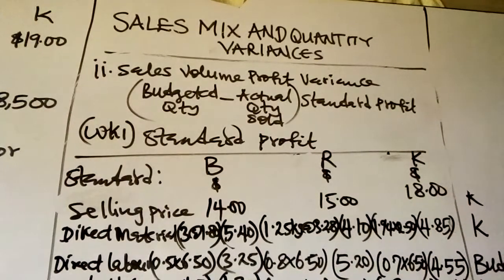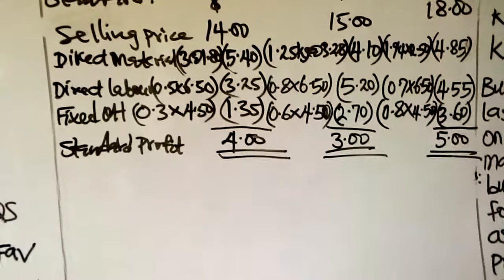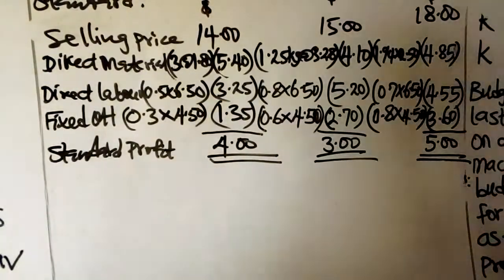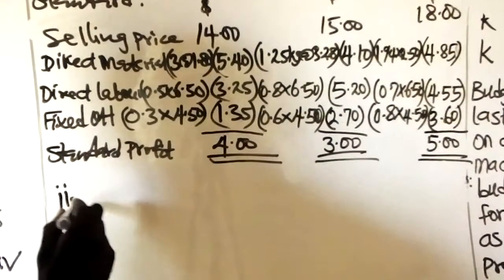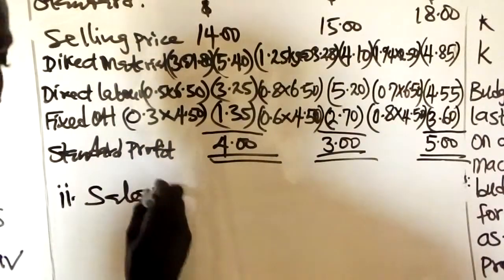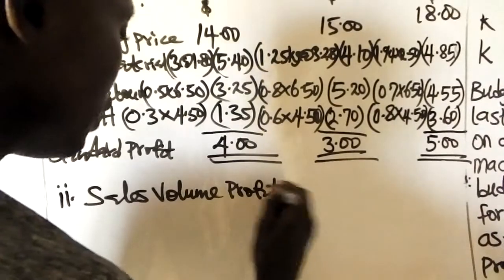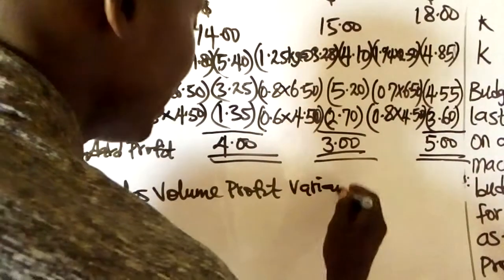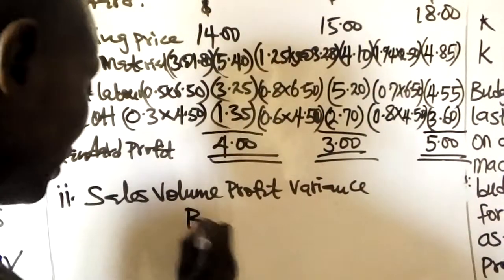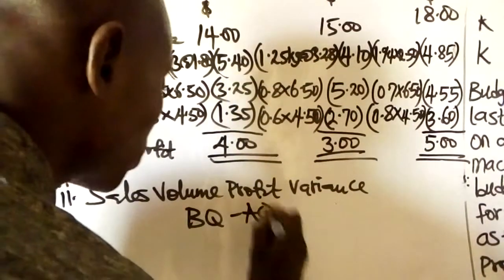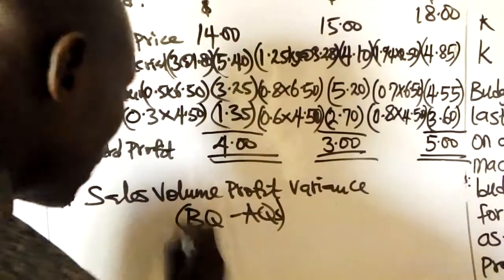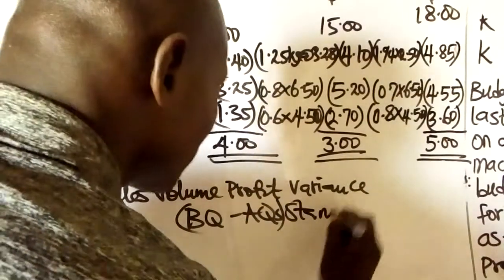So our number 2 is the sales volume profit variance.